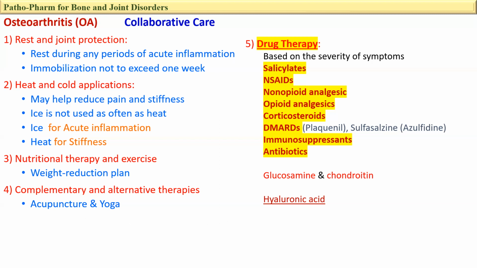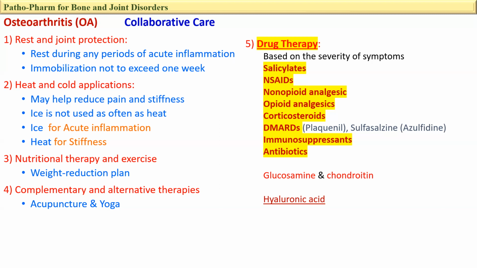You can give intra-articular, so it's an intra-joint injection, where you inject the drug into the joint. And then joint replacement is used for severe osteoarthritis in patients who fail medical management and have marked limitation of their daily activities.